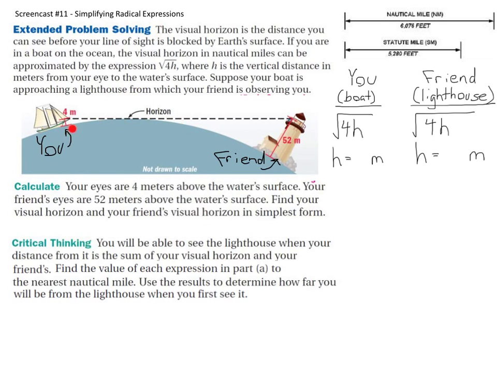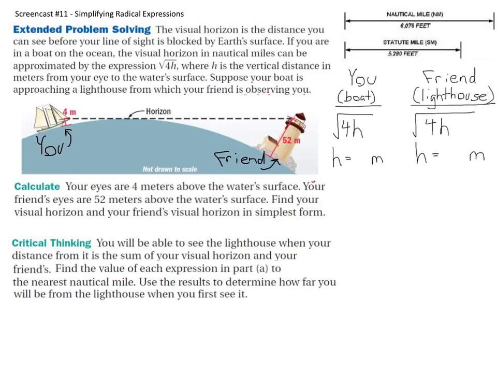As we know, because of the curvature of the Earth, if we look straight ahead, we're not going to be able to see anything but, quote-unquote, the top of the curve of the Earth, and nothing really beyond that because the Earth sort of curves up. And so therefore, we're being blocked by the Earth's surface. So how far can you see from where you are to the top of the Earth's surface? That's called the visual horizon.